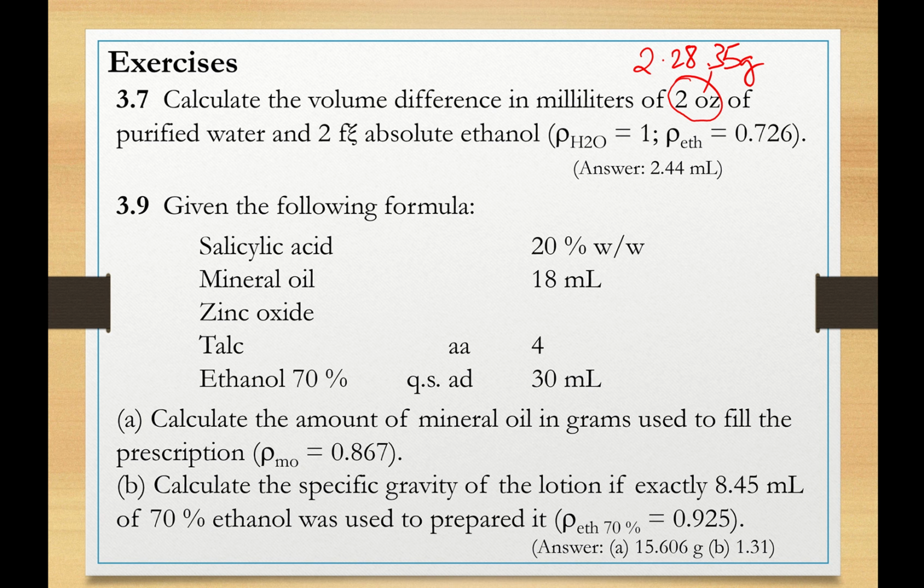Again, you don't have to memorize this, I just look it up from tables. So the volume difference between water and ethanol. You need to first convert the mass into volume, and then take the difference from the volume of ethanol. And of course 3.9 is similar to the example that we've just solved.